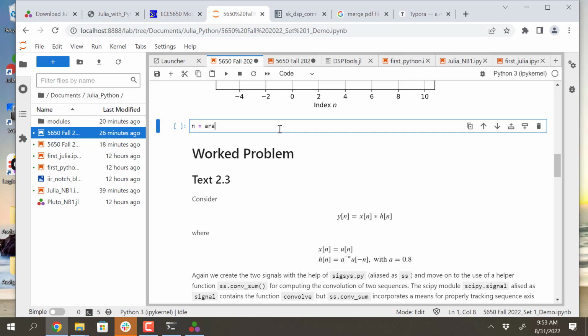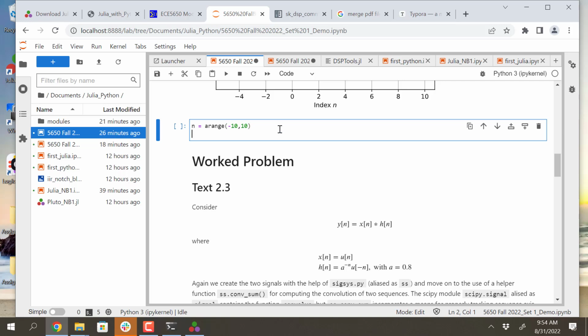I'm going to do a range, and I'm going to go -10 to 10, and then I'm going to create x1 to be equal to the cosine of 2 times pi times 3 over 5 times n.